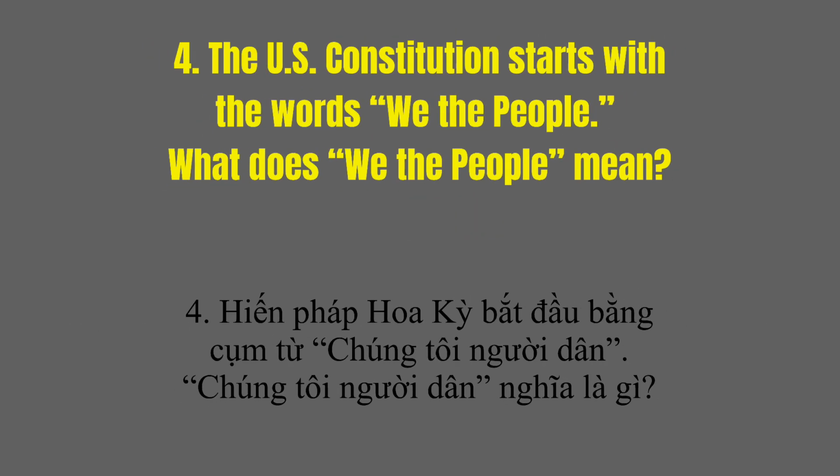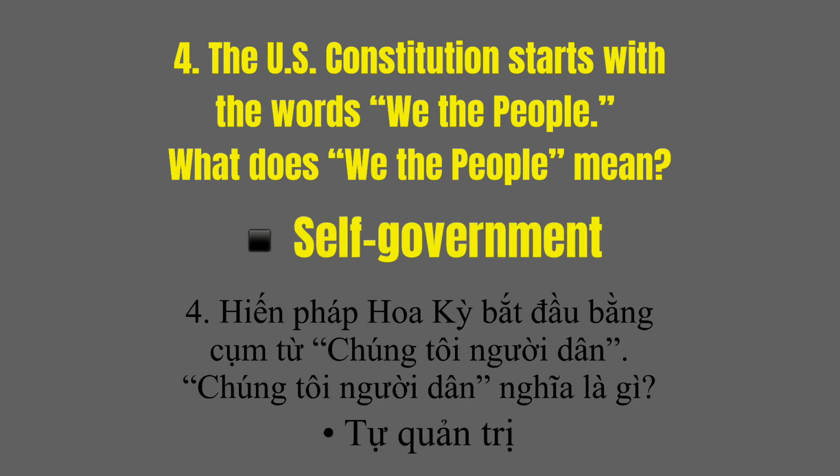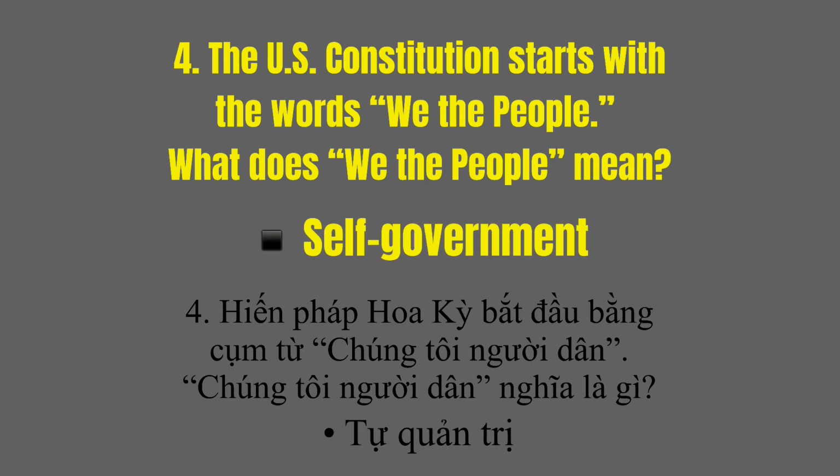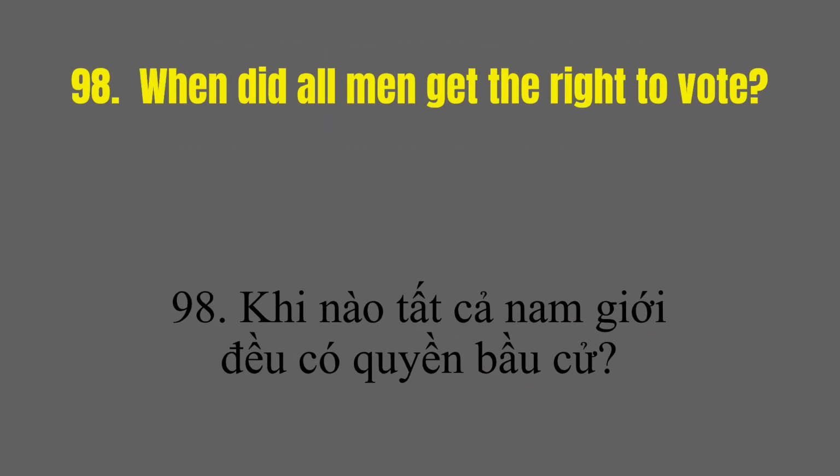The U.S. Constitution starts with the words, "We the people." What does "we the people" mean? Self-government. When did all men get the right to vote?